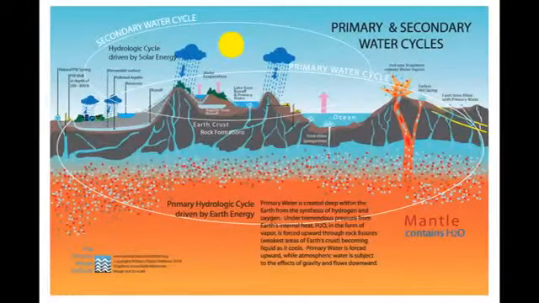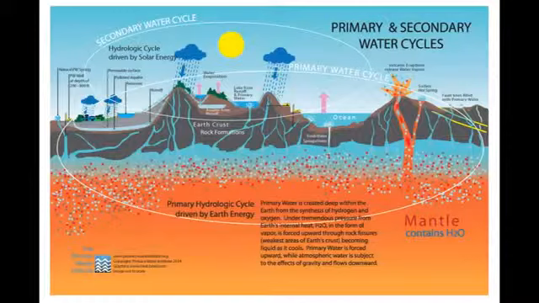Now we're looking at the smaller oval white line that is entitled the secondary water cycle, which is everything that is a consequence of the primary water coming up from the mantle.